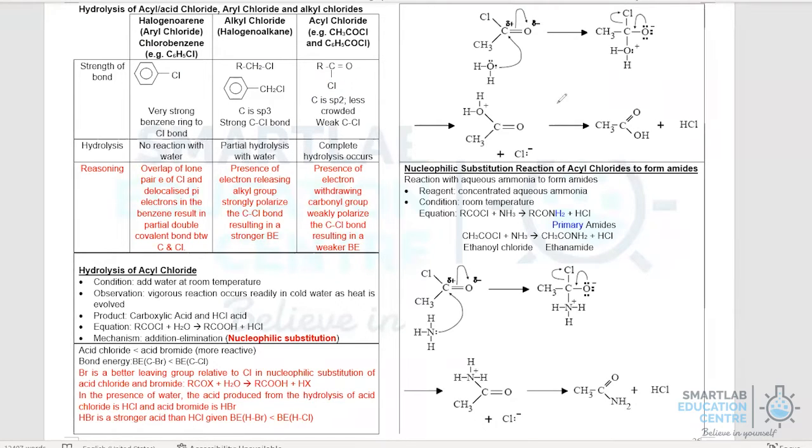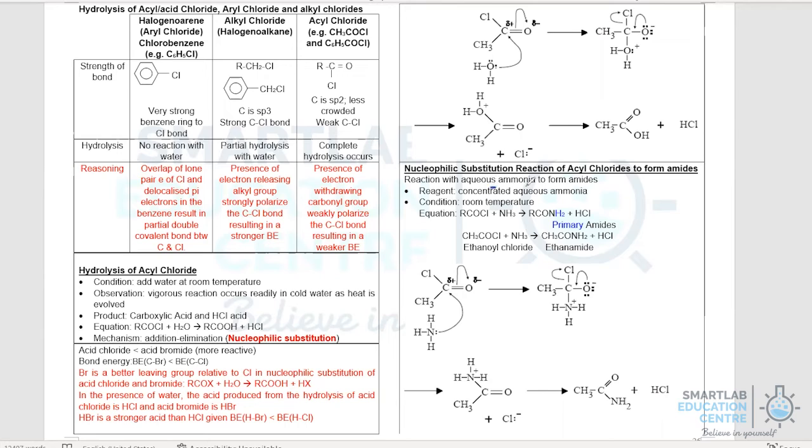In the first reaction, it reacts with water molecules to produce carboxylic acid. That occurs spontaneously, and in the process produces hydrochloric acid, which is a strong acid. So if you have an acid chloride with water, it will chemically alter itself to form a carboxylic acid and hydrochloric acid.